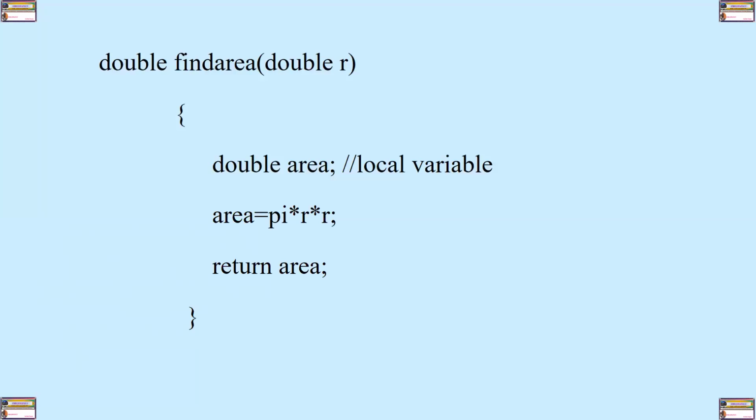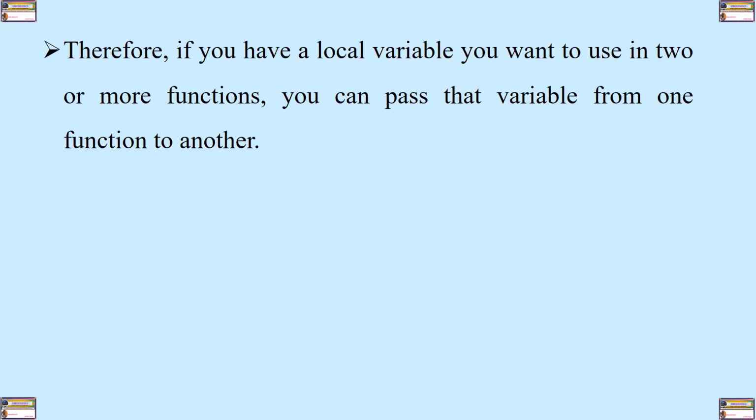It has a scope only within the function called find area, and it is only known by the function called find area. But because we're interested in the results of this area of the circle, we have to pass the value back to the caller, who can then reassign the value to any other function that will need it by passing it the value in the form of parameters or arguments.